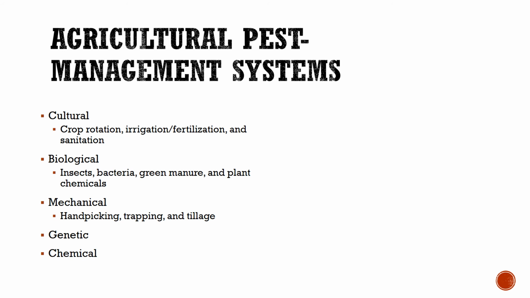So 5 main ways we look at this in an ag sense: cultural, biological, mechanical, genetic, and chemical. Genetic and chemical are kind of 2 in the same because they work very hand in hand together. So the resistant varieties, the fungicides, anything that we can do as a science to help that out.